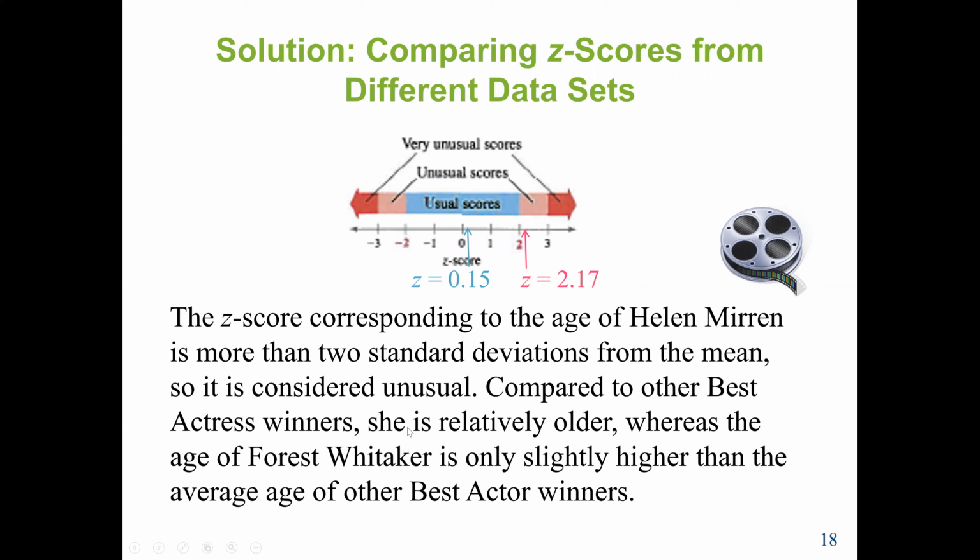As I said earlier, her age is high, so she's relatively older, whereas the age of Forest Whitaker is only slightly higher than the average age of other Best Actor winners. Based on this, we can see the z-score is 0.15 for Forest Whitaker, and for Helen it is 2.17.